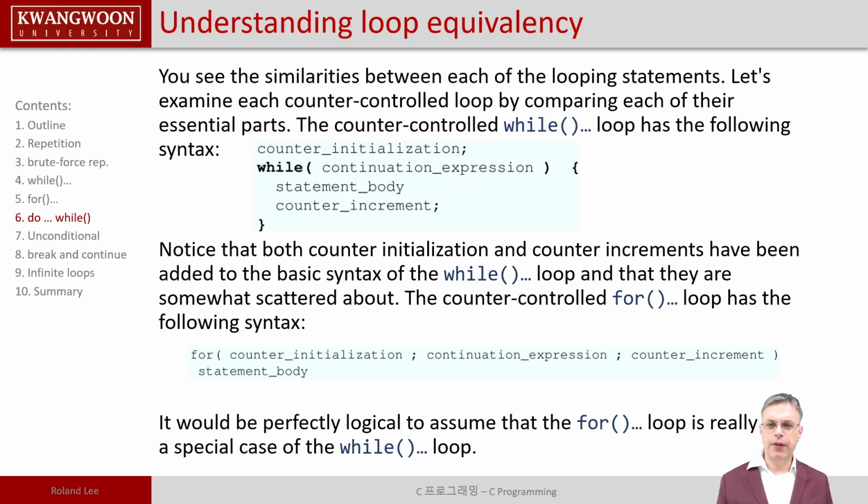So to illustrate, let's examine each counter-controlled loop by comparing each of their essential parts. The counter-controlled while loop has the following syntax. You see counter initialization, while continuation expression, and then statement body, counter increment.